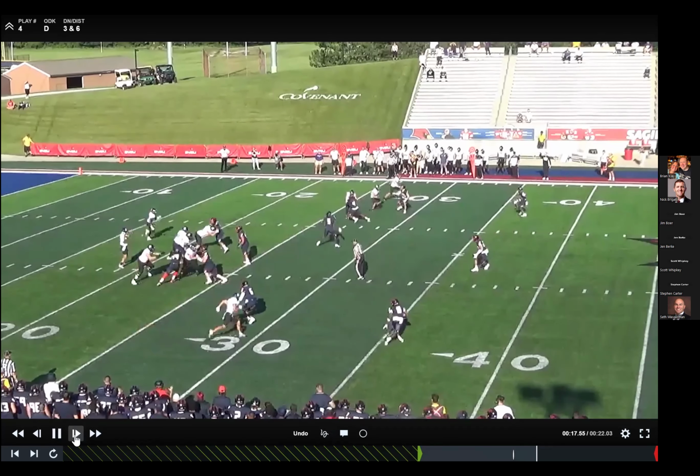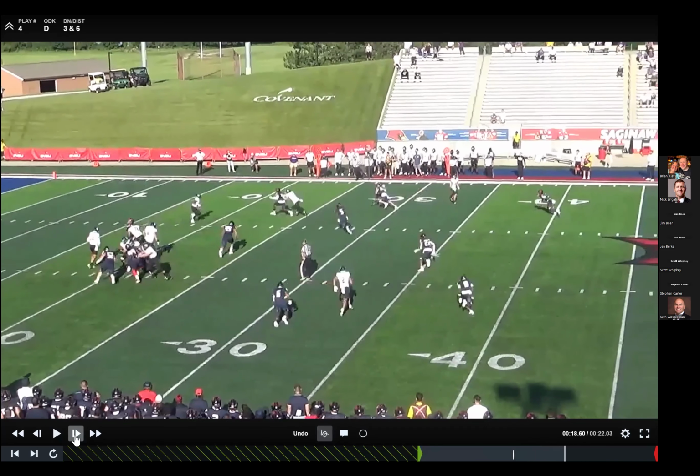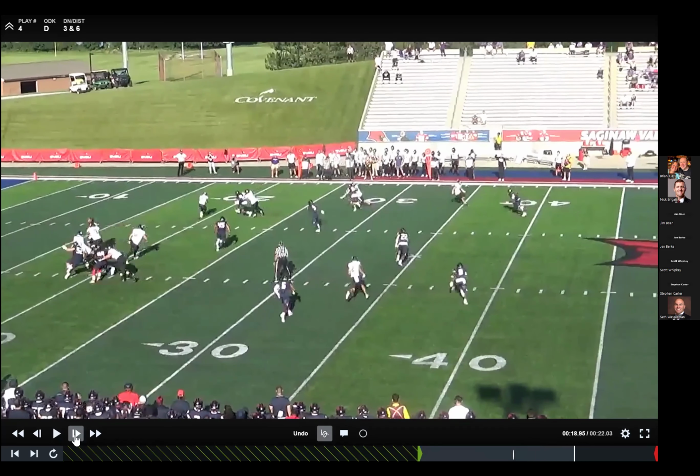Obviously we get into whether that's forward or backward. Also, right there at the point of attack, we do have a possible block in the back. Our philosophy, when the player is apparently making the tackle, is to pass on that block in the back because he made the tackle.